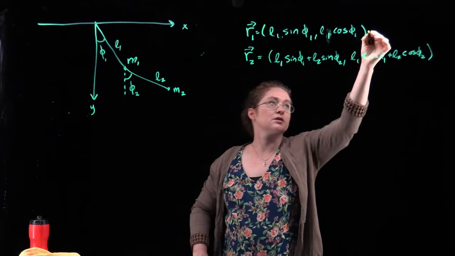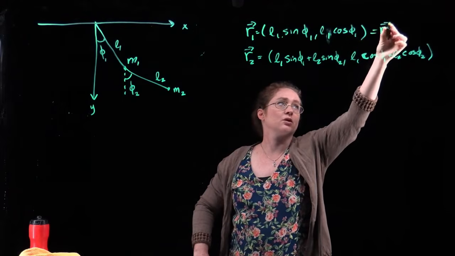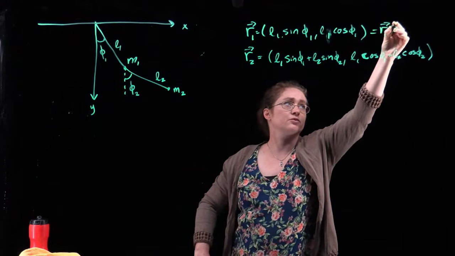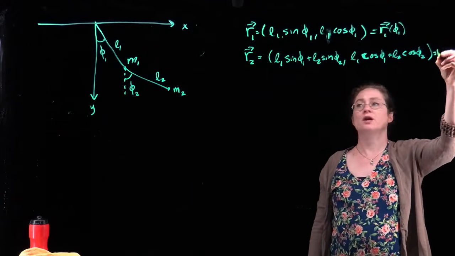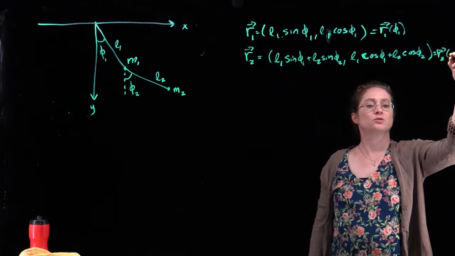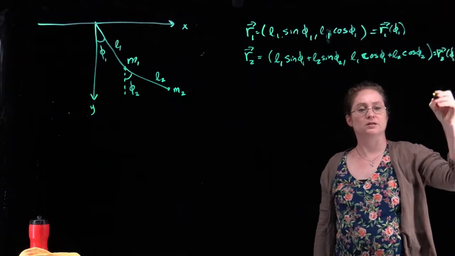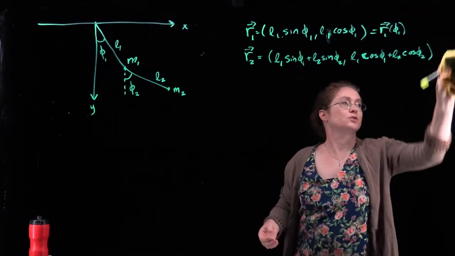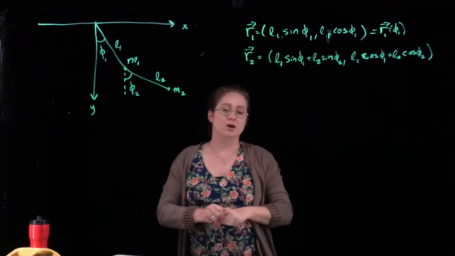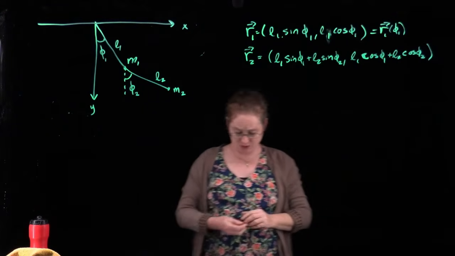So this is describing R1 solely in terms of phi 1, and this is describing R2 in terms of phi 1, and I will not write that, we'll just say it. It's describing R2 in terms of phi 1 and phi 2.